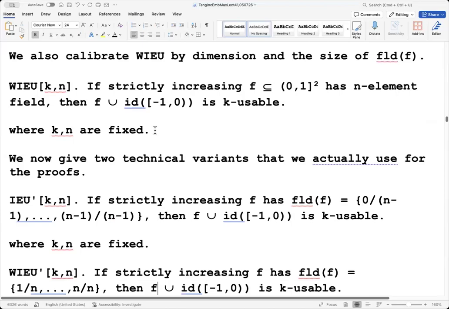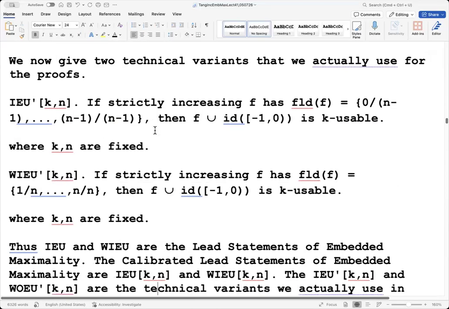And then there's technical variance. These amount to specifying the field.